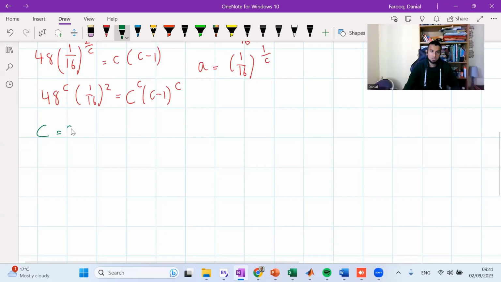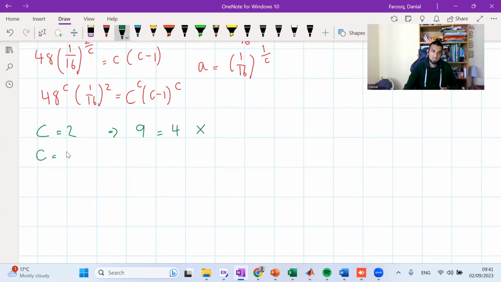So c equals 2. And using our calculator, what would we get? We will get 48 to the power of 2, and then 1/16 to the power of 2. So that will be 9 on the left side. And does that equal 2 squared times 1 squared? No, it doesn't. That would be 4. That's wrong.